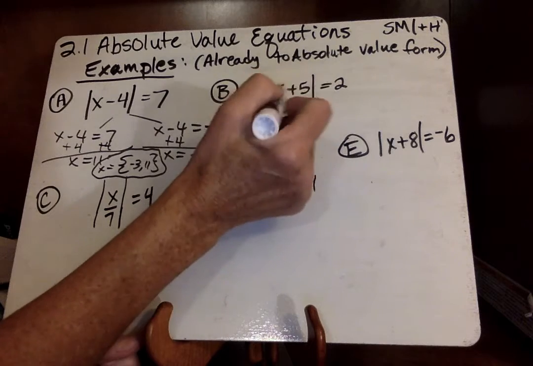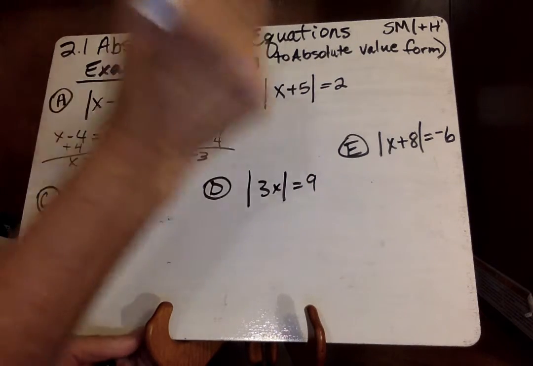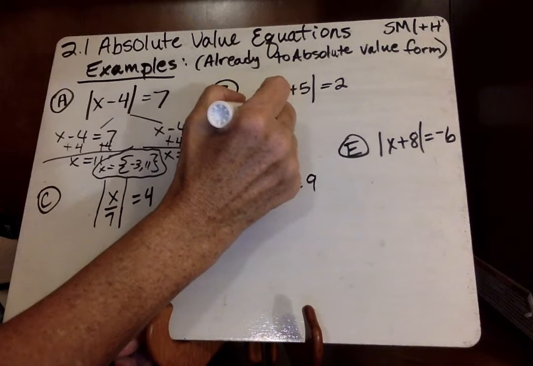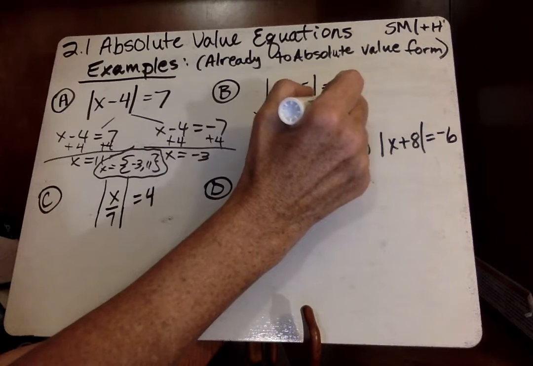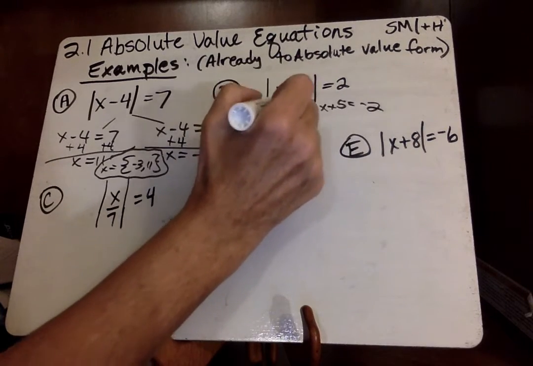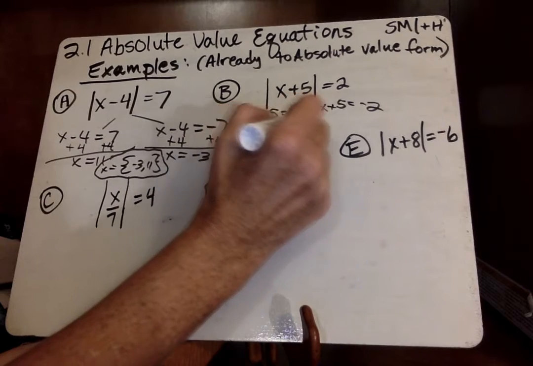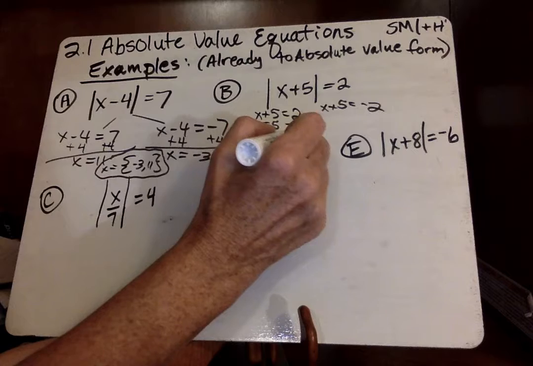Over here again, we want to check to make sure the absolute values are by themselves. Then we can make our two equations where we can have x plus 5 equals 2 and x plus 5 equals negative 2. Minus 5, x equals negative 3.